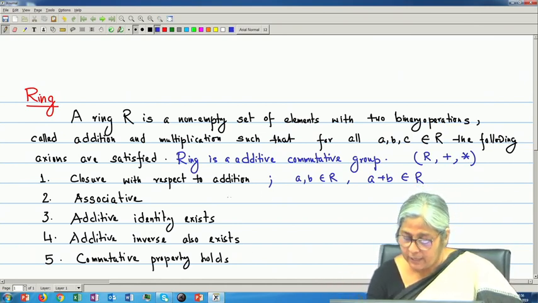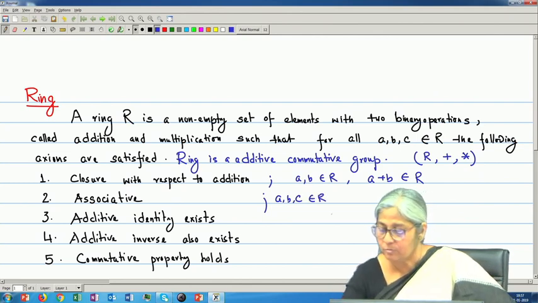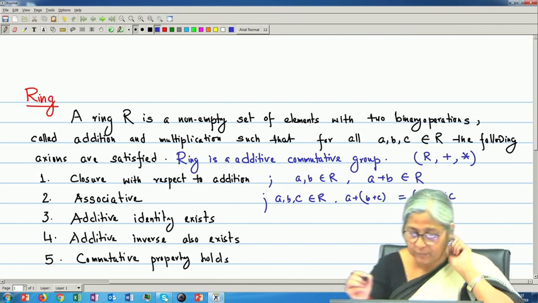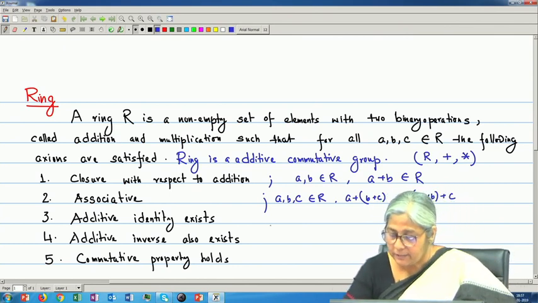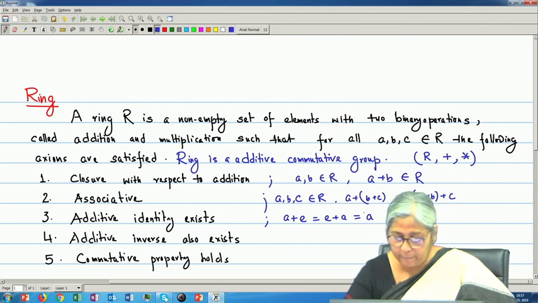If it is associative, then for A, B, C belonging to R with respect to addition, A plus B plus C is A plus B plus C. Additive identity exists: if E is the additive identity, then A plus E is E plus A, equal to A only.